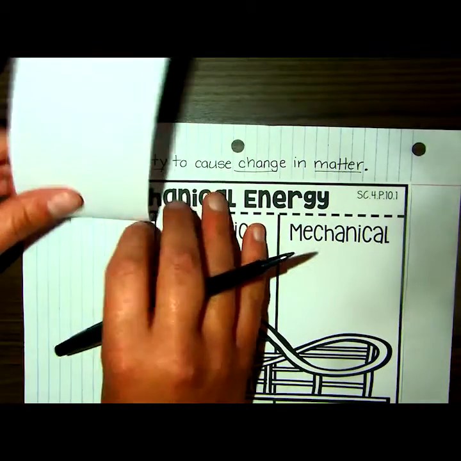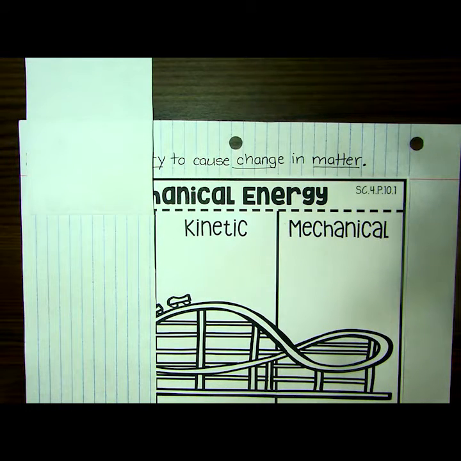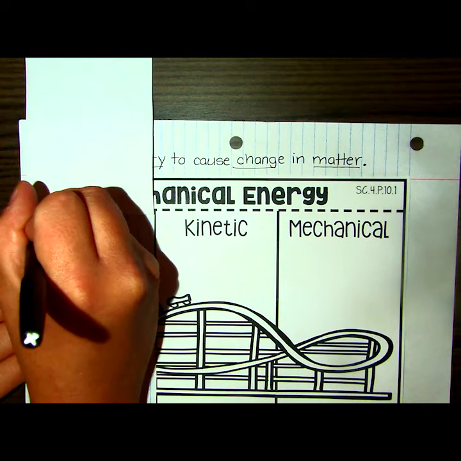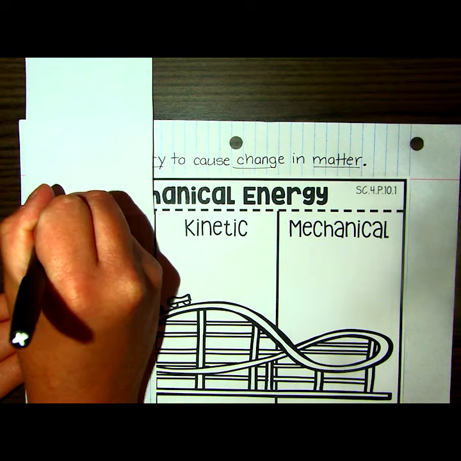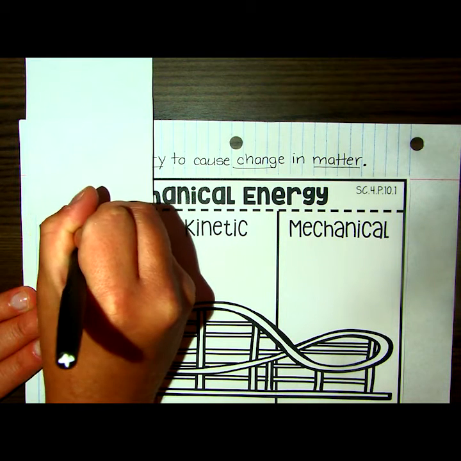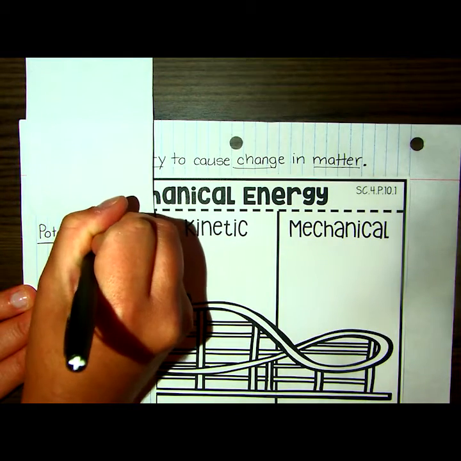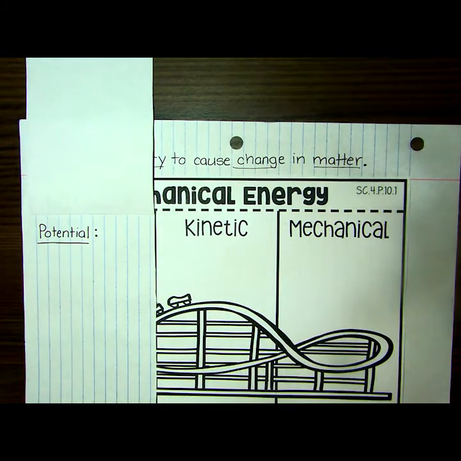So go ahead and flip this section up. And when we're looking at this roller coaster diagram, and we're talking about potential energy, let's write down this word. Give you guys a moment to get caught up.